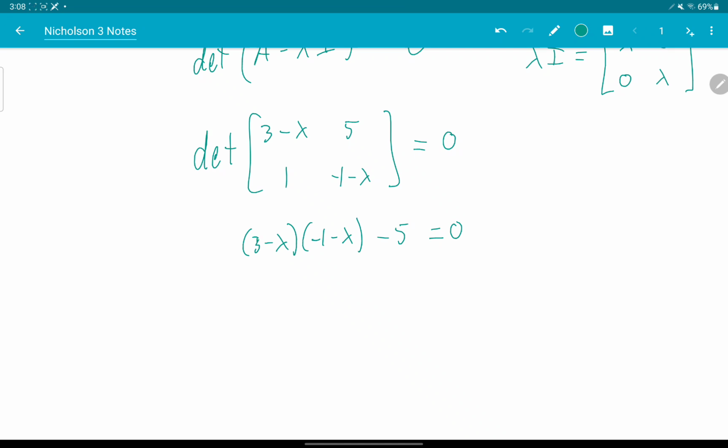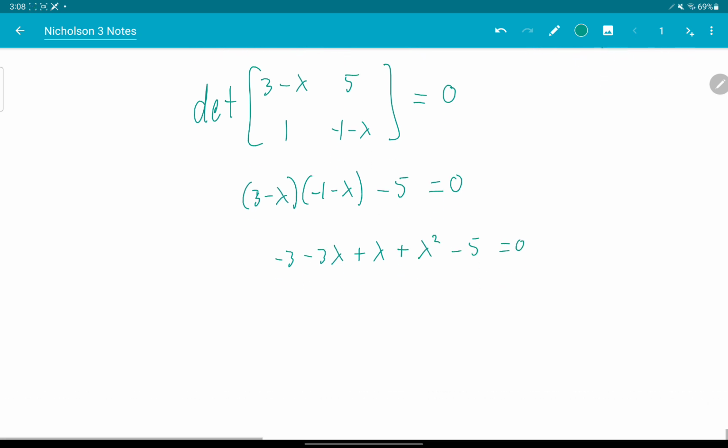Now we're going back to, I don't know, secondary school, something like that. I work this out. Get minus 3 lambda plus lambda plus lambda squared, minus 5 is 0.